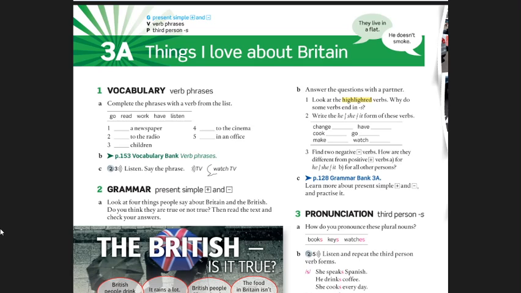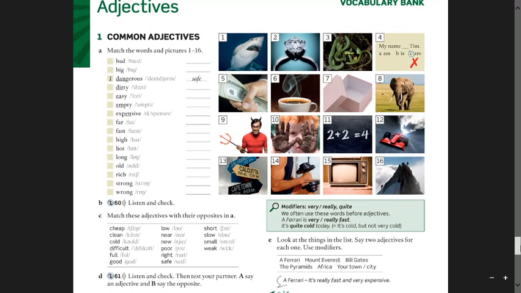When you finish that, you have to go to page 153, okay? Let's go to page 153 from the vocabulary bank, the green part, and let's do this part.